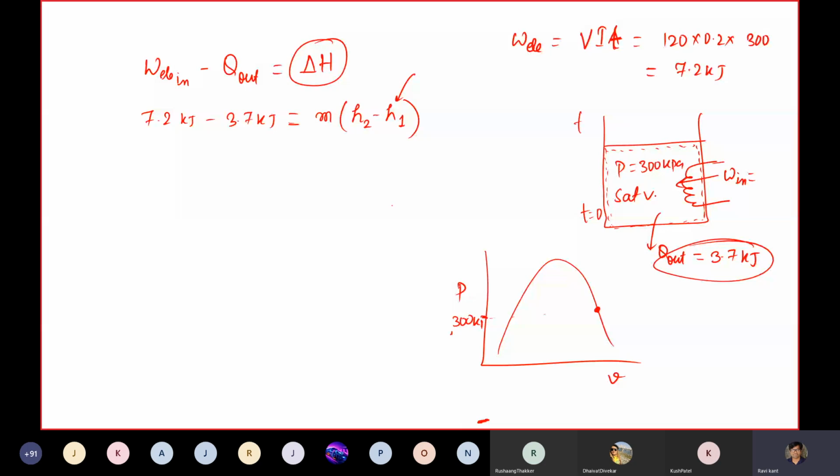It was given explicitly in the question. So it was somewhere here, at state 1, and it is being heated at constant pressure. So at constant pressure it goes from here to here, at state 2. So we need to find the enthalpies. H1 we can calculate, and H2 we need to find. So H1 we can calculate from where? From the table.